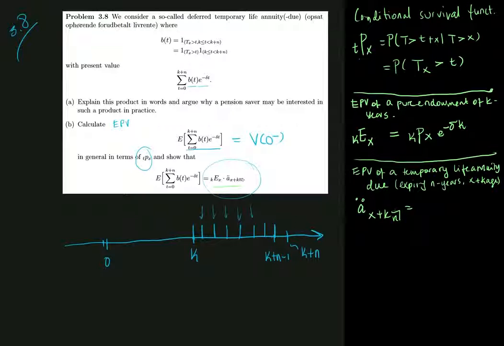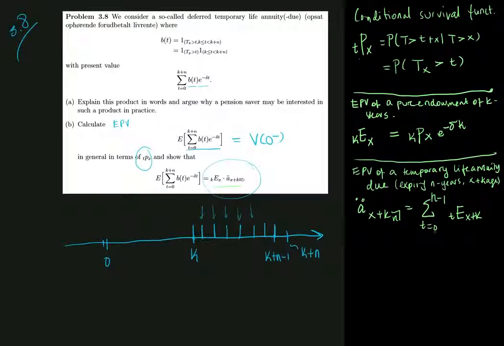So this present value, expected present value, is given as the sum for t equals 0 up to n minus 1 of pure endowments that each last t years for an x plus k year old. It kind of makes sense if you think about what a pure endowment is and what a temporary life annuity due is.